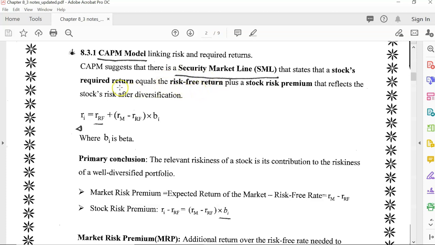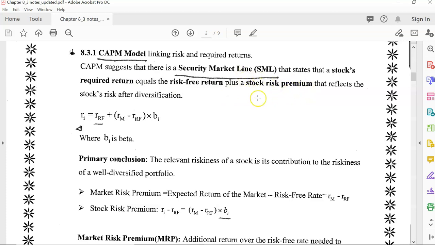For risky assets, for example stocks or bonds, the return equals the risk-free return plus the risk premium of the stock or the bond. That's why in the bond chapter, bond return equals the risk-free rate plus the bond risk premium. Here, if we want to evaluate stock return, we're using the same methodology, the same principle: stock return equals the risk-free return plus the stock risk premium.